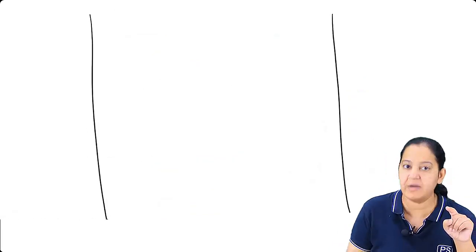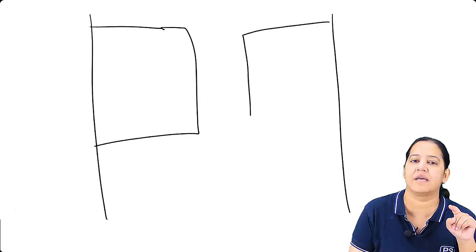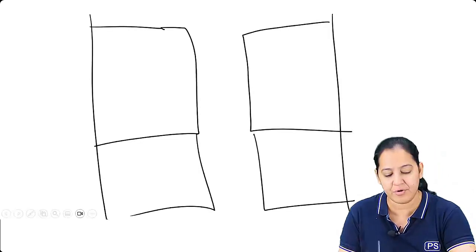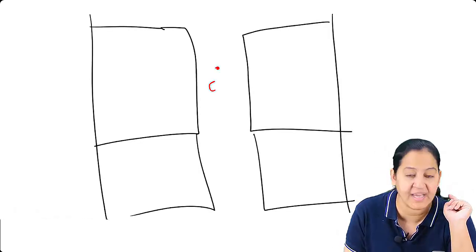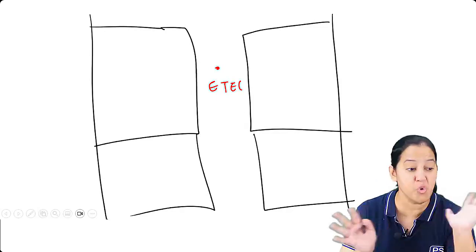Listen. This is the intestine of the human. This is a cell of the intestine, and this is also a cell of the intestine. I'm drawing the cells of the intestine. Let me draw the enterotoxigenic E. coli, ETEC. This bacteria doesn't go inside the cell.